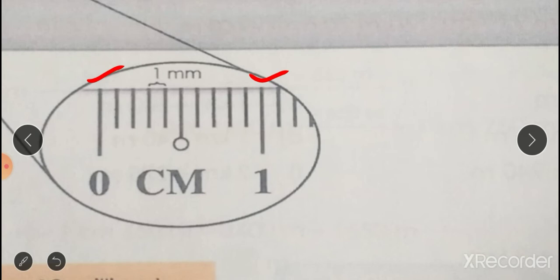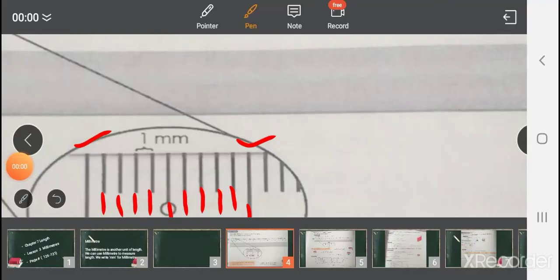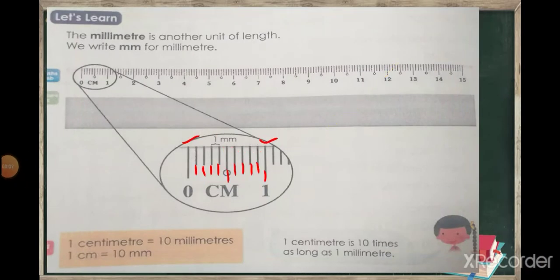That is 1, 2, 3, 4, 5, 6, 7, 8, 9, 10. So these are 10. Each small marking is 1 millimeter apart from the previous marking. How far apart from each other are the long markings in millimeters? That is 10 millimeters.